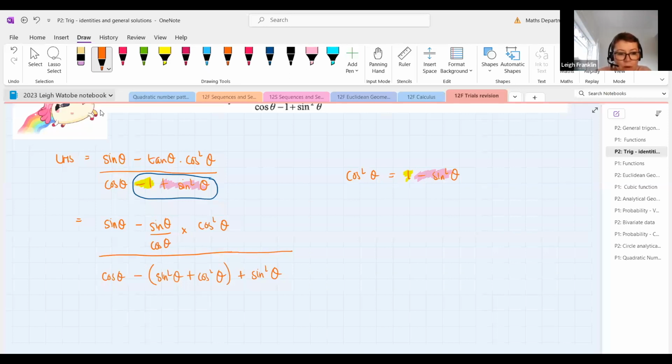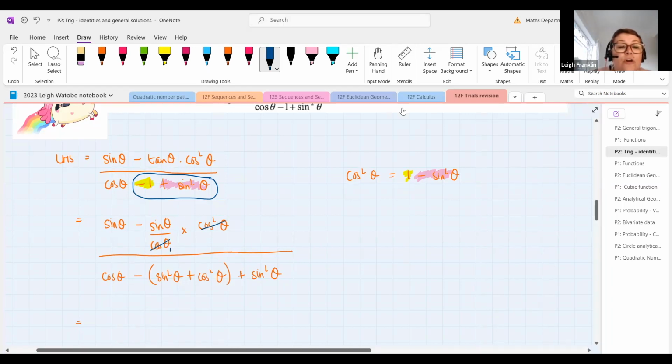Is everybody happy with what I've done so far? I've applied 2 identities, the tan identity at the top and my square identity down at the bottom. Are we all cool with that? All right, so now I want to try and simplify things a little bit. Remember, I cannot cancel over plus or minus signs, but I can cancel over multiplication and division. So I am allowed to say cos theta goes into itself once, and it goes into cos squared theta, cos theta times.